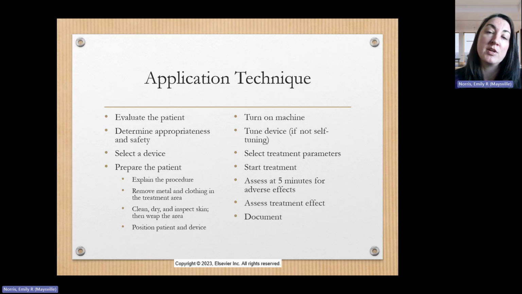And with non-thermal, it's suggested that we use between 30 and 60 minutes, at least once, if not twice a day. And so that is something that is not typical in a PT clinic. You typically, especially in outpatient, aren't going to see a patient even once every day, but especially not twice in a day. Maybe in some rehab settings, you'd be able to do 1 or 2 treatments a day.